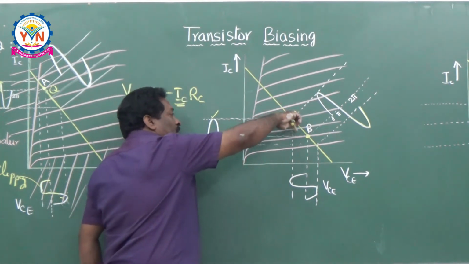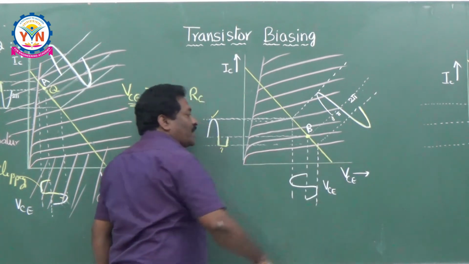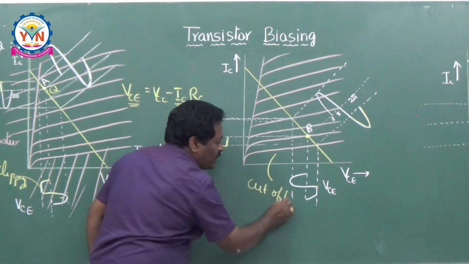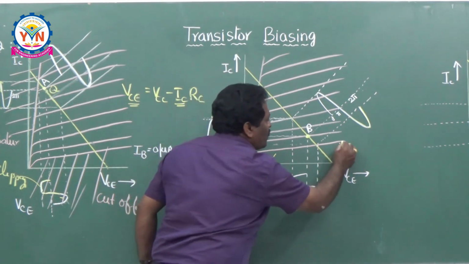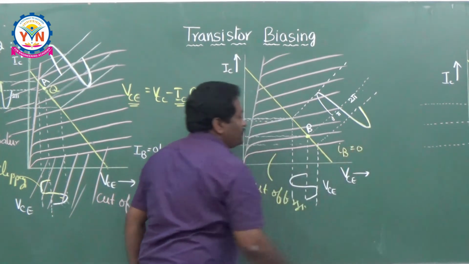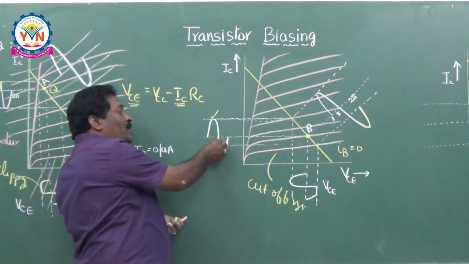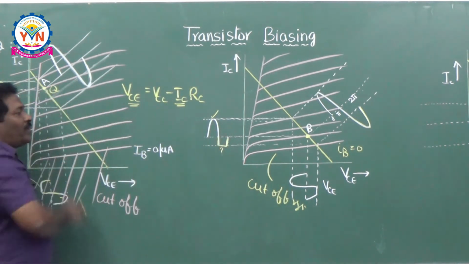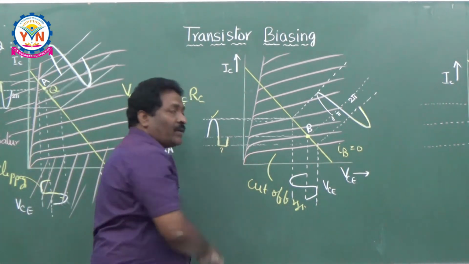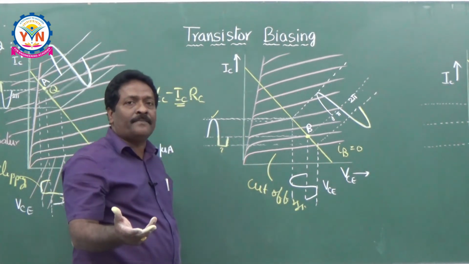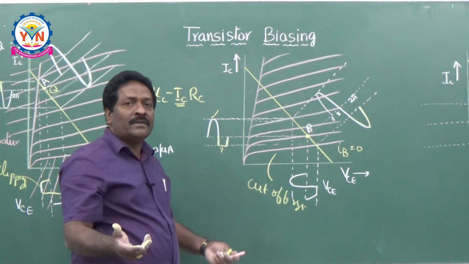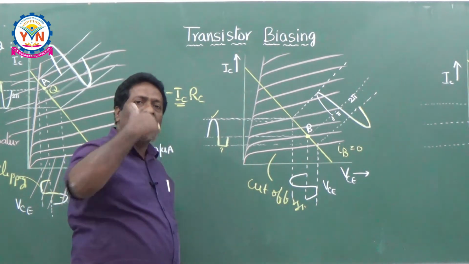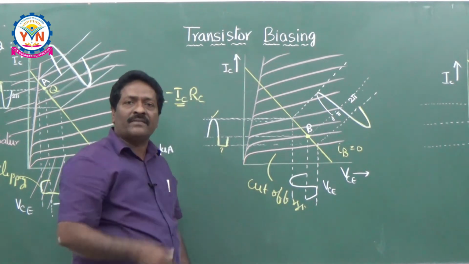Because the operating point is set towards the cutoff region. The cutoff region is the region below IB equal to 0, base current equal to 0, so the lower portion will be clipped off. In the previous case, the positive portion is clipped off, and here the negative portion is clipped off. Distortion comes into the picture. There is no faithful amplification. That means you should not fix your operating point towards the cutoff region or towards the saturation region.